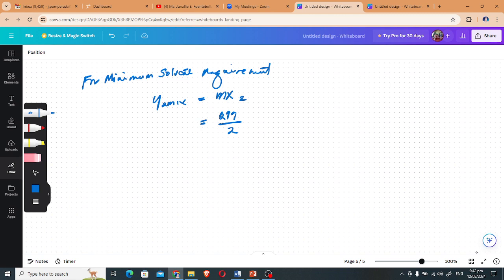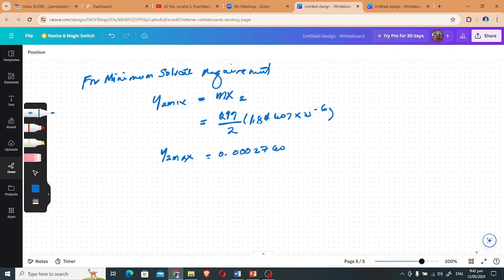So 299 divided by 2, and we make use of the X2, which is 1.84607 times 10 raised to negative 6. So you'll get a Y2 maximum value of 3 zeros, and then 22760.